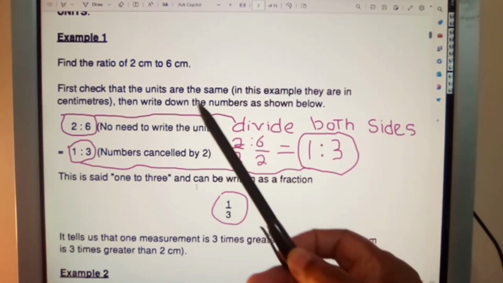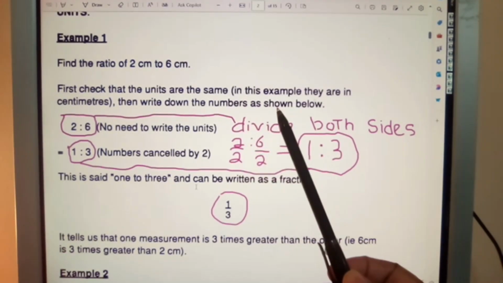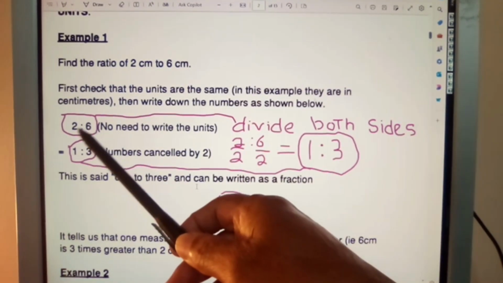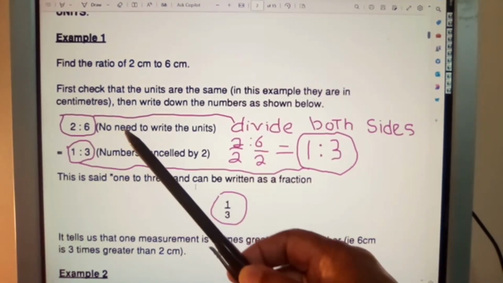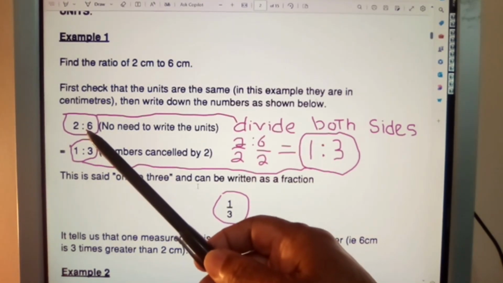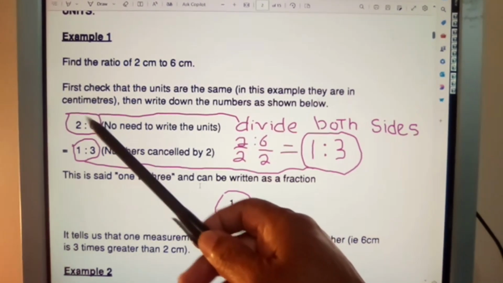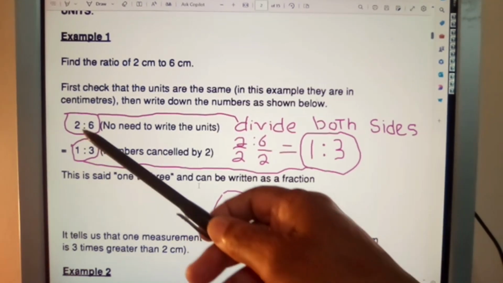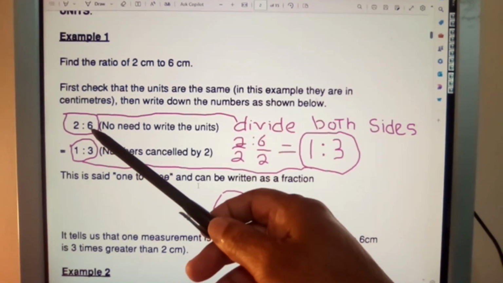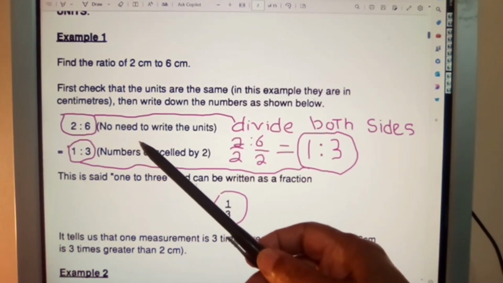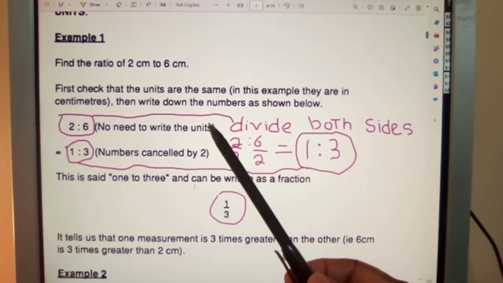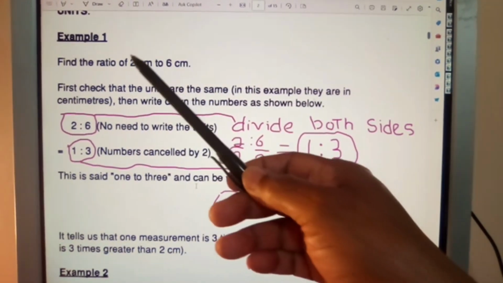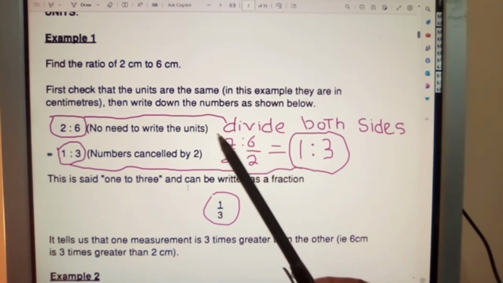Then write down the numbers as shown below. Now what I've done here is, always write out your question. Always write out your question, okay? So I've written this down, 2 ratio to the 6. No need to write the units because we already know it's centimeters.